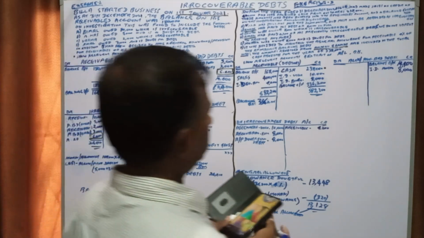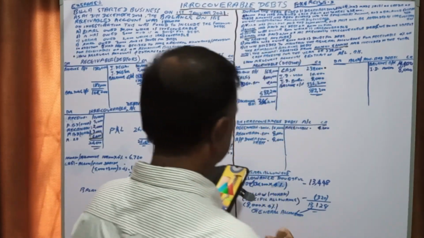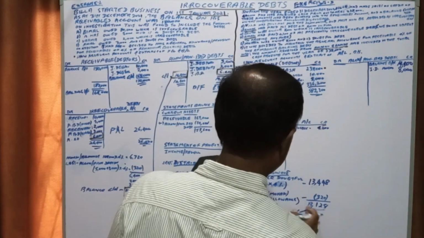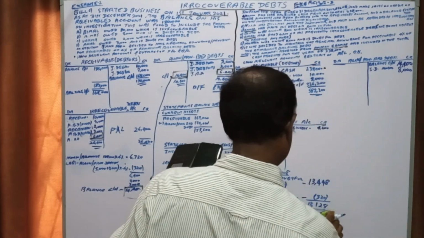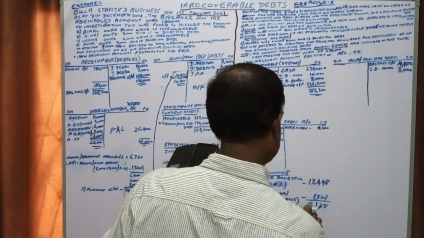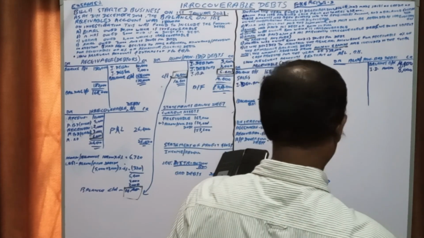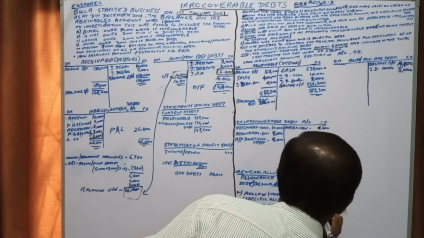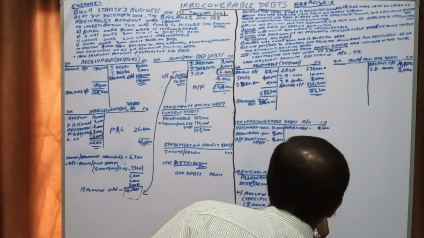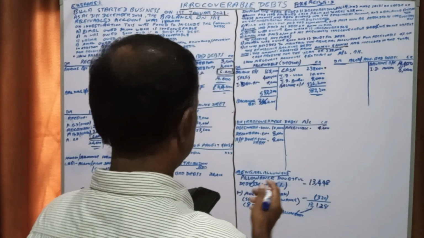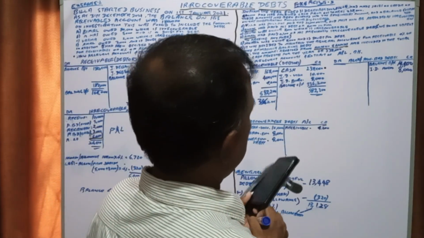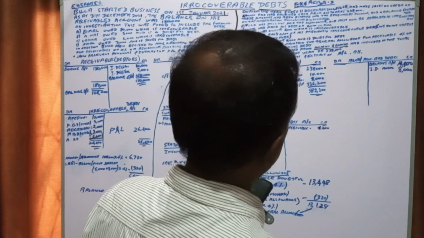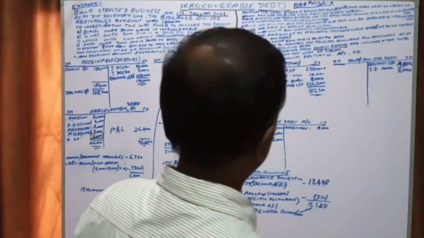So what you are going to do is, this amount is 13,128, and this 13,128 is the general allowance. So what we have to calculate is allowance and provisions.